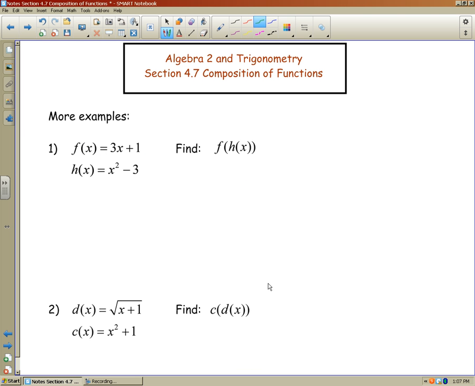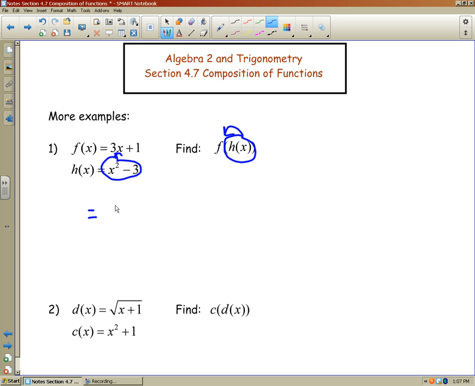Now you're going to try these two on your own. So pause for a moment and try the function on your own and then see if it matches mine. So we're going to find f of h of x. I'm going to take h of x and plug it into f.